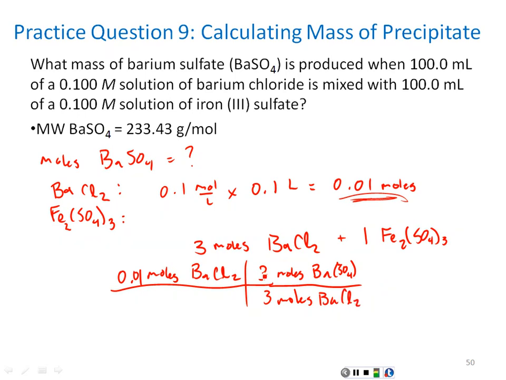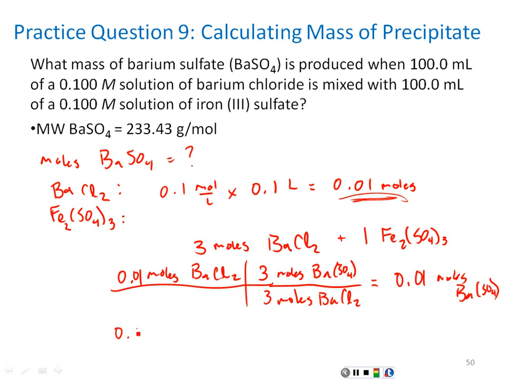And again, this molar ratio is from the molecular equation. We're going to produce 0.01 moles of barium sulfate. So that's pretty easy. It's a 1-to-1 molar ratio. We know the moles of barium chloride we started with, so we're going to get the same number of moles of barium sulfate. Now we need to calculate the mass of the barium sulfate.